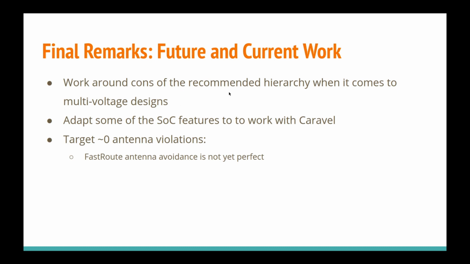So the first point, for example, is something that we need to work around. We also would hope to target 0 or as close to 0 antenna violations as possible, because the FastRoute antenna avoidance flow currently is not perfect, and the closest to 0 are the two strategies, the spray and pray strategy and the fake diode strategy.